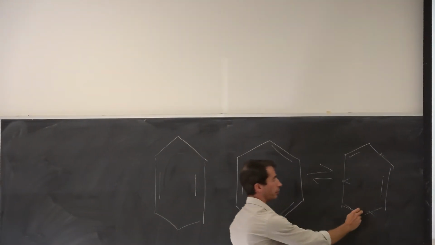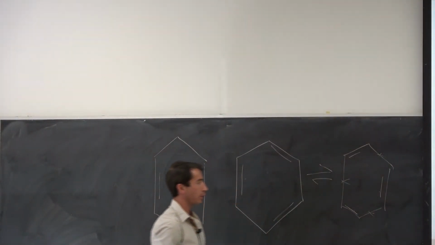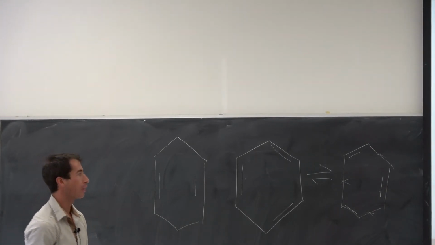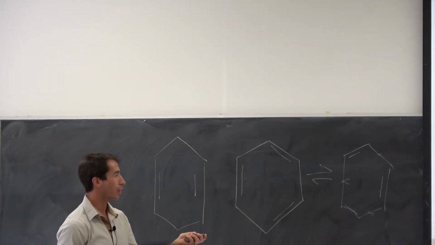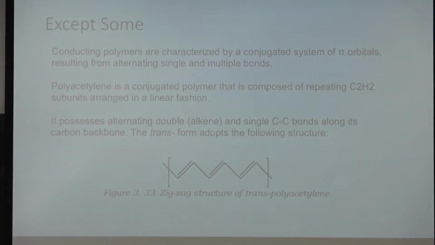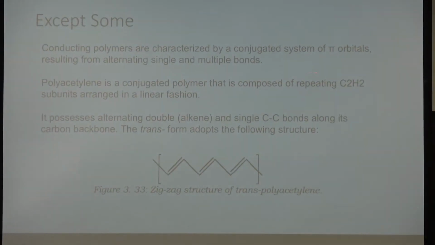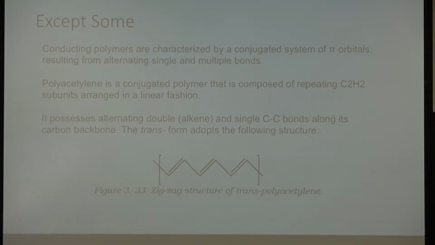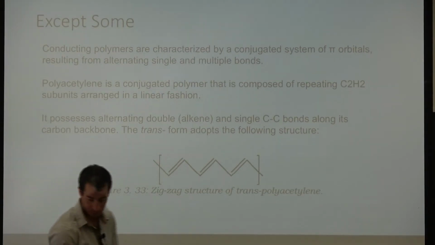They can transfer electrons back and forth through these adjacent pi bonds, okay? So this pi electron then becomes delocalized, okay? So polyacetylene is a conjugated polymer composed of repeating ethylene units that has this exact same kind of conformation.